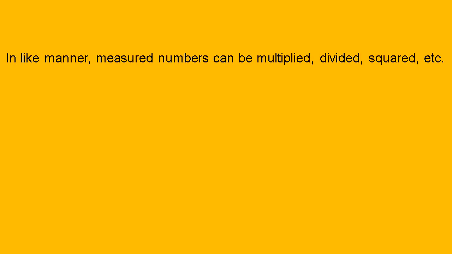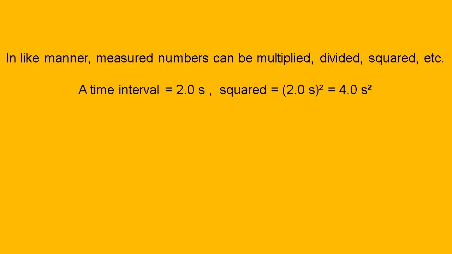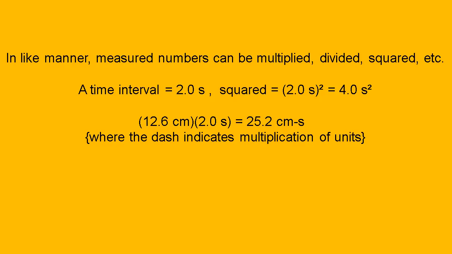In like manner, measured numbers can be multiplied, divided, squared, etc. So, if a time interval of 2 seconds is squared, you would get 4 seconds squared, 4.0 seconds squared in this case. And if 12.6 centimeters was multiplied by 2 seconds, you would get 25.2 centimeter seconds.